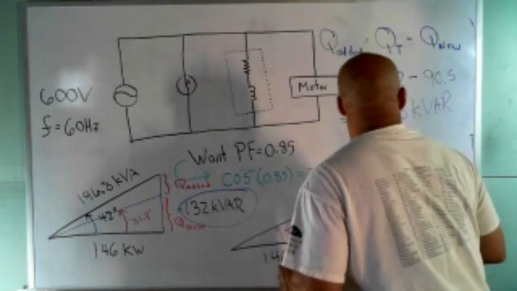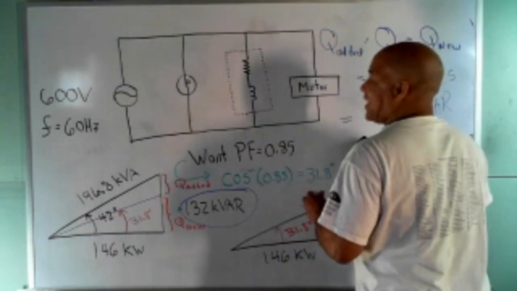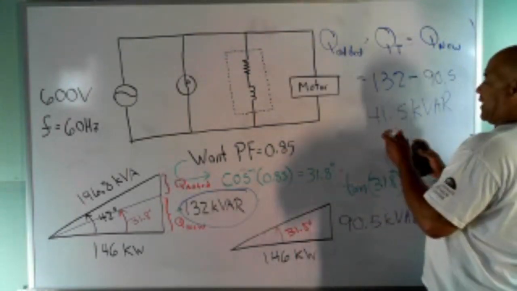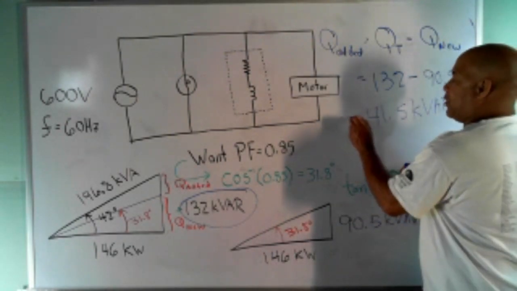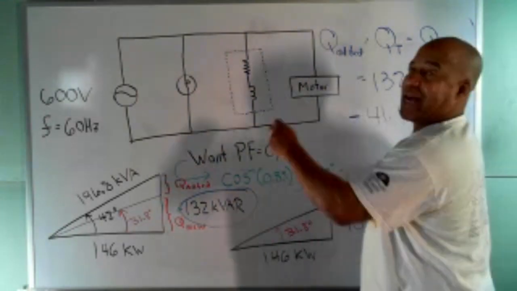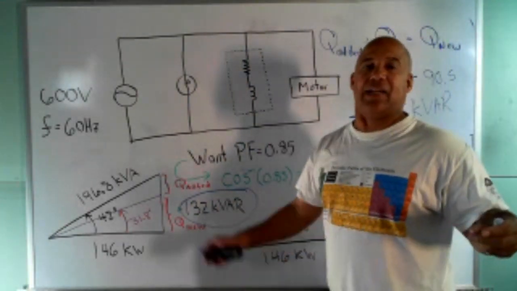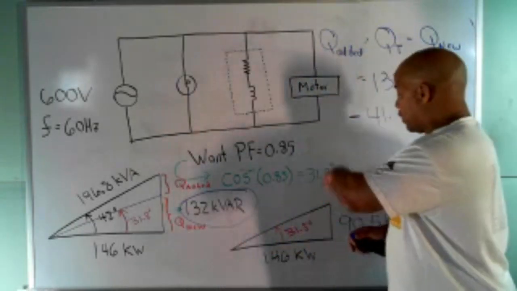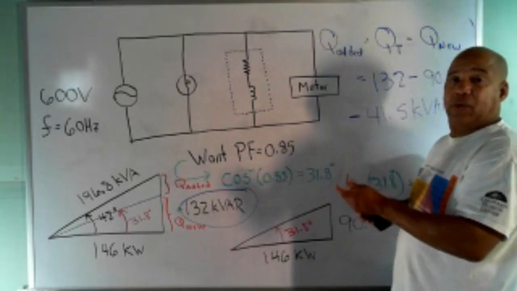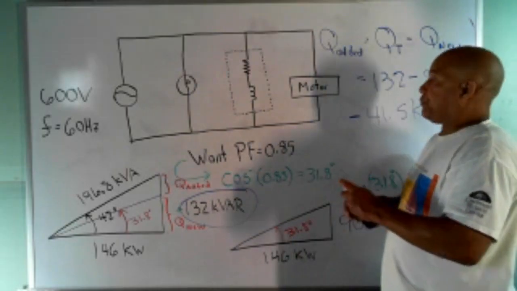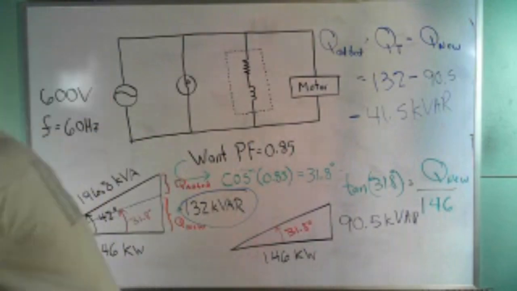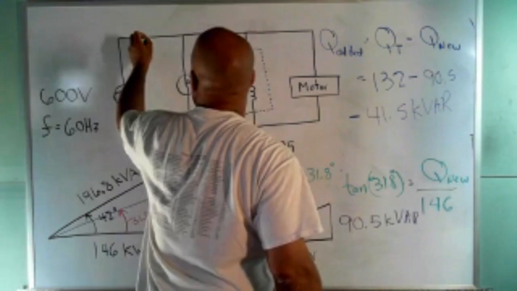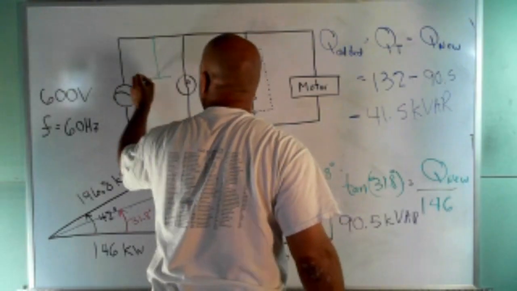Now it doesn't say it explicitly, but you got to know that's negative, meaning I gotta use a capacitor for that. The way you cancel out inductive bars is by adding capacitive bars. The way you cancel out capacitive bars is by adding inductive bars. And I tried to show you that with that little power triangle thing that I did a little while ago. So here's what we know. We know that in order to get this to work, I gotta add a capacitor in parallel with everything in here.